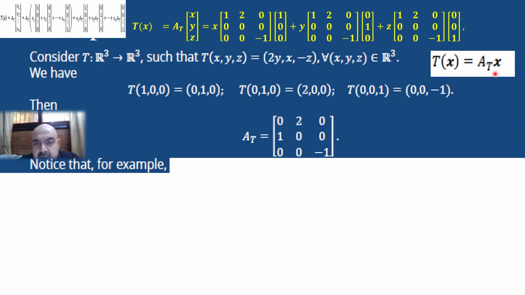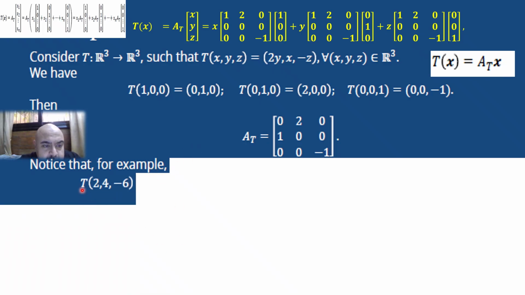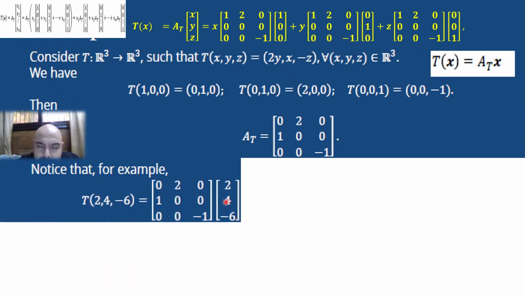Notice that, also stressing the fact of a linear transform. So for example, if I want to transform this vector, 2, 4, and negative 6, all I have to do is take the transformation matrix and multiply by the input vector, which is 2, 4, negative 6. Okay, here we go.